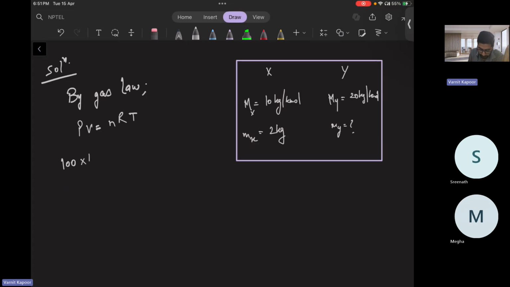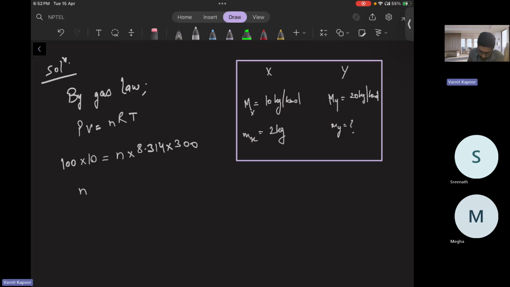V is given as 10, the total volume. n is the total number of moles, and capital R is 8.314, the universal gas constant. And the temperature is given to you as 300.